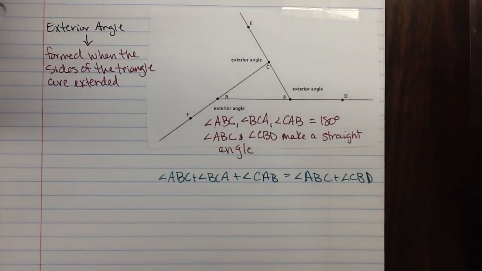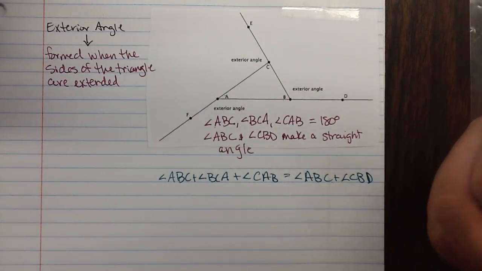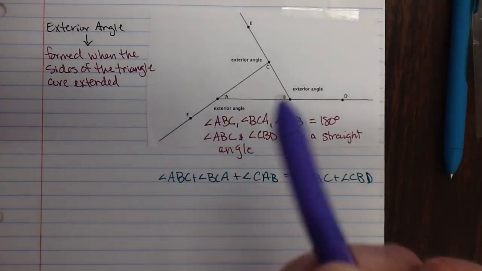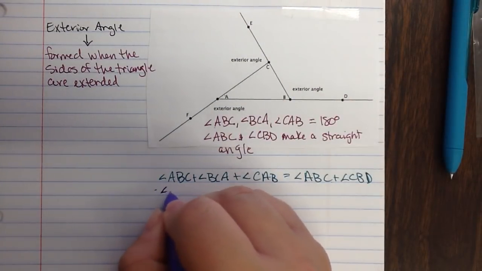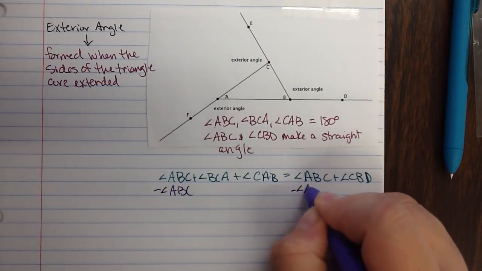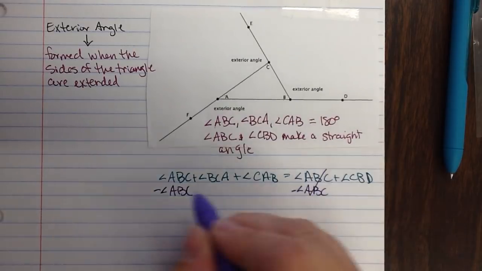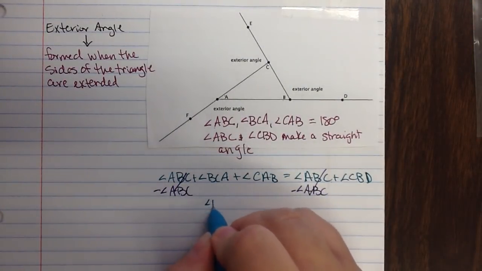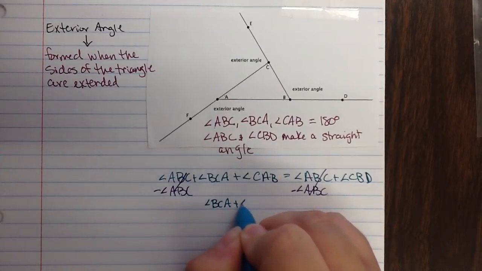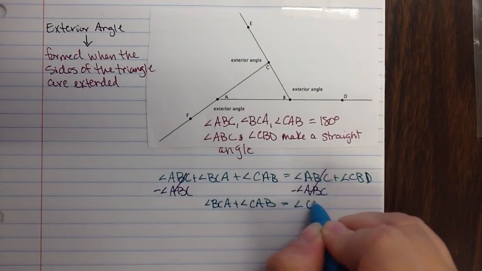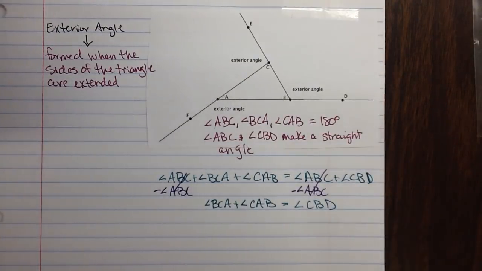When you have the same thing on opposite sides of the equation, you can subtract them out and get rid of them. So if I subtract out angle ABC from both sides, they cancel each other out, and we're left with angle BCA plus angle CAB equals angle CBD.